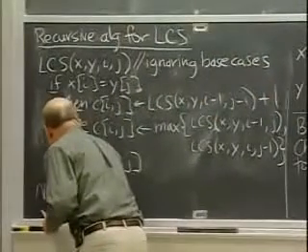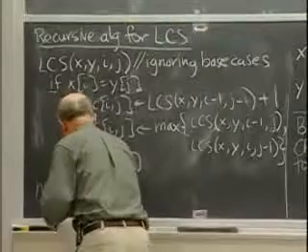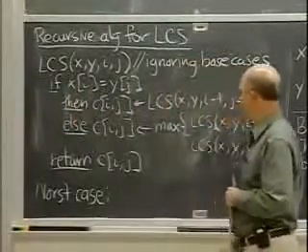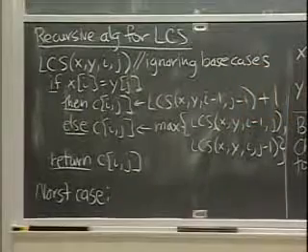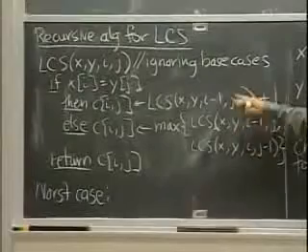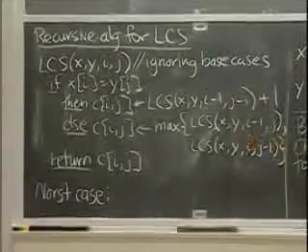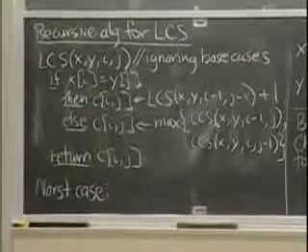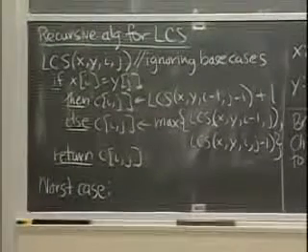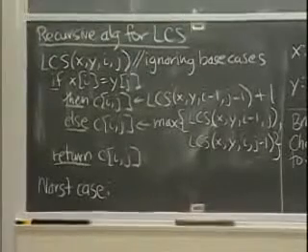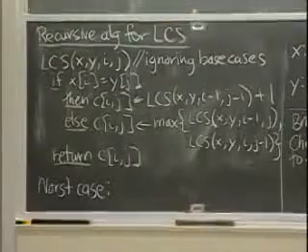So what's the worst case for this program? What's going to happen in the worst case? Which of these two clauses is going to cause us more headache? The second clause. Why the second clause?